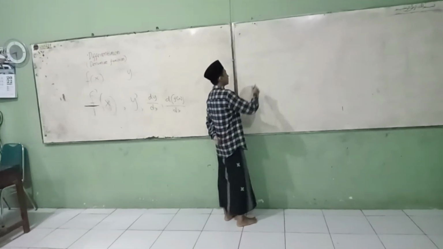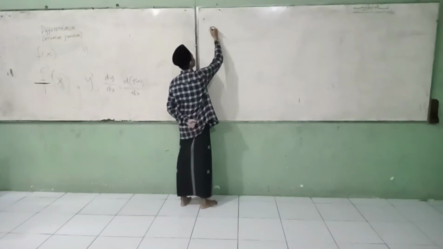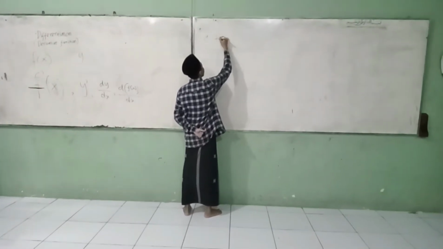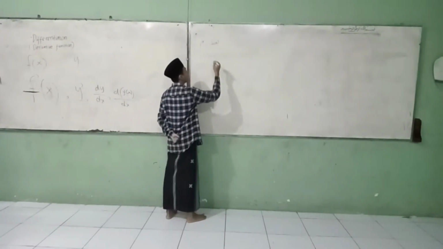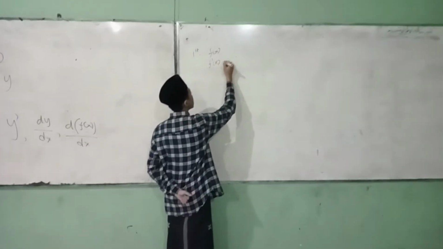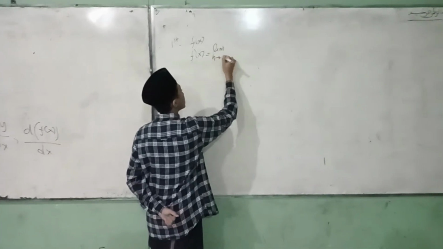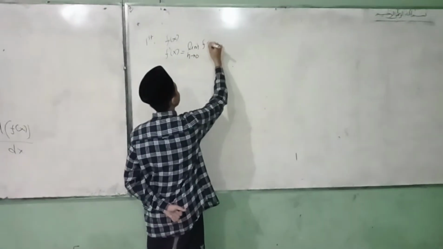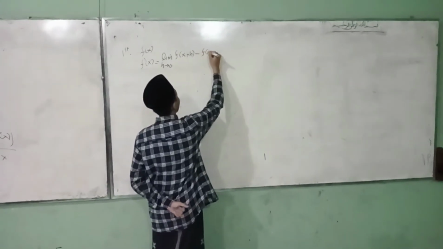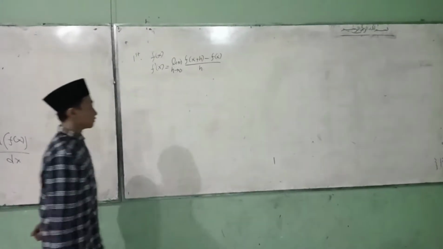The first way: we have f of x, and then the derivative function f prime of x is equal to the limit as h approaches 0 of f of x plus h minus f of x, over h.